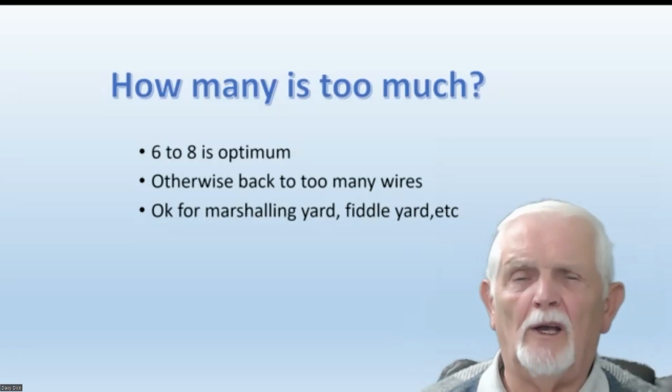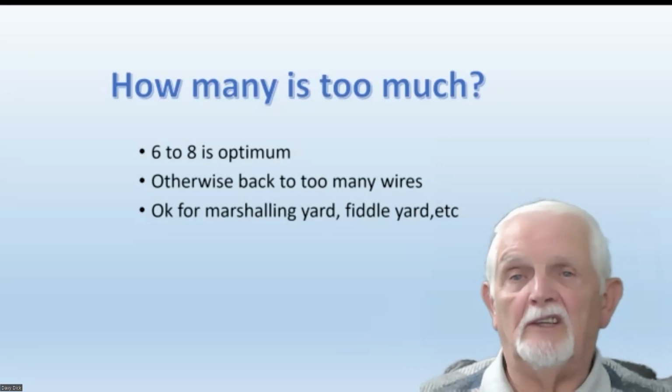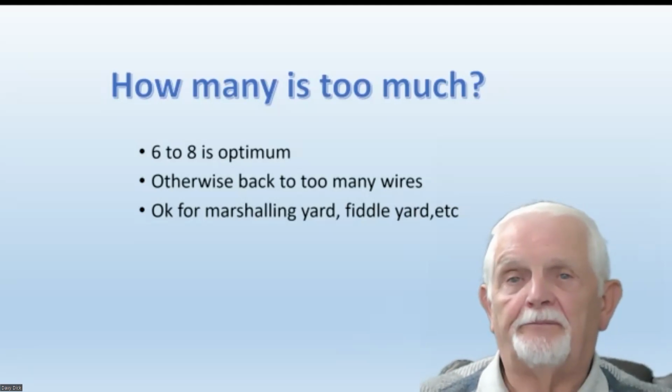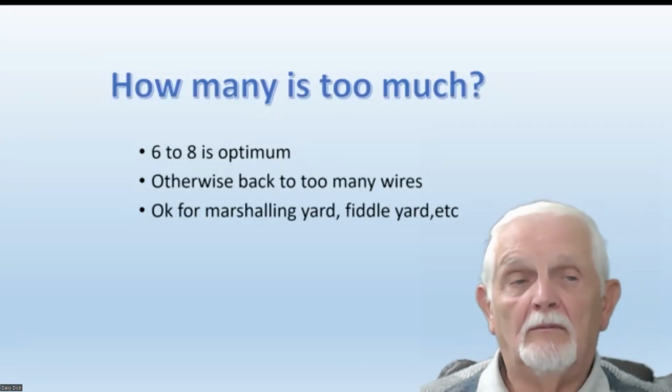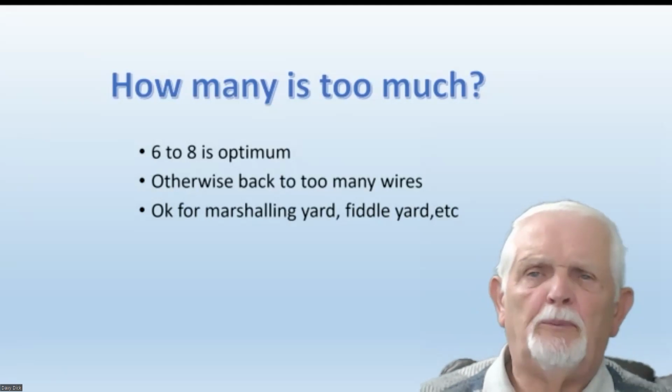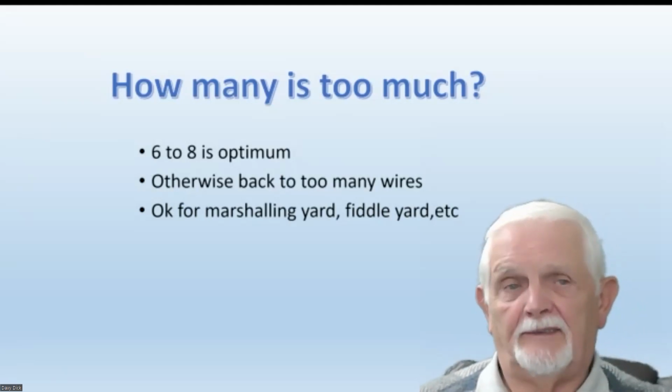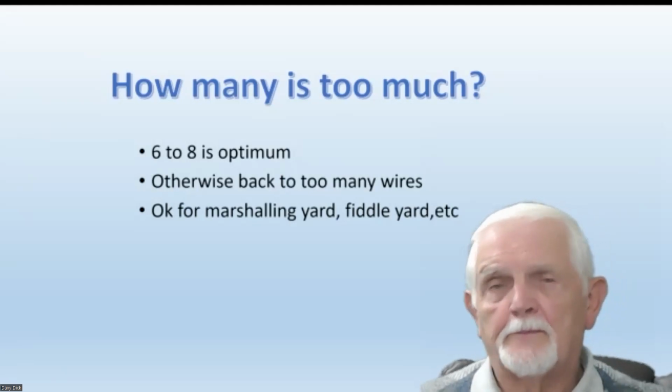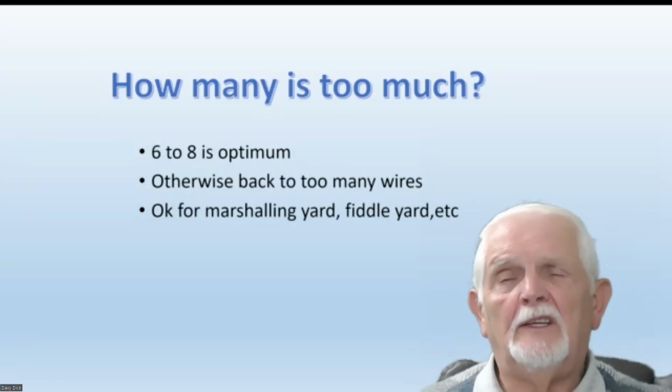Right? So having 12 might be okay in certain places. But often you won't be using them all. Most people pick 8 because that handily is 1 byte of information. That seems the most common. So that's the DCC Concepts one.